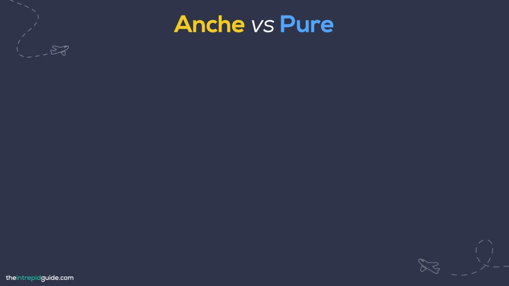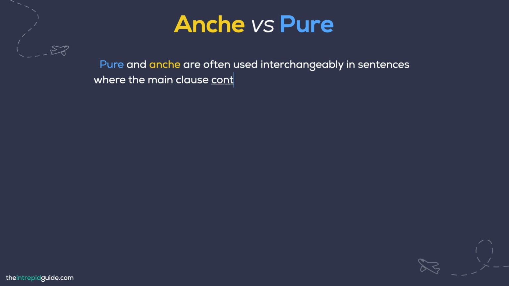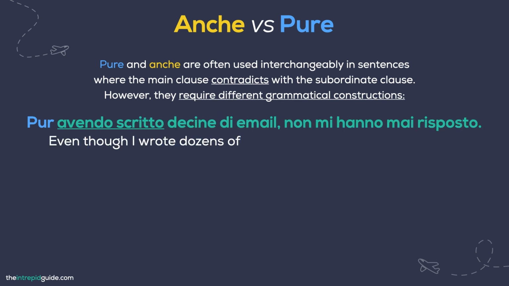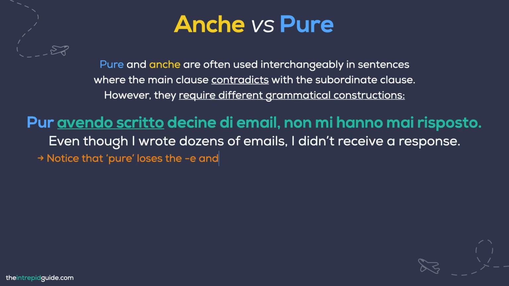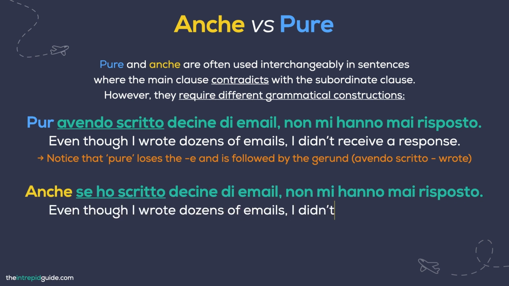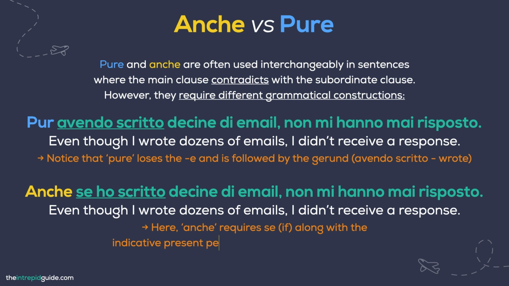Can you believe it? Pure and anche are often used interchangeably in sentences where the main clause contradicts the subordinate clause. However, they require different grammatical constructions. For example, you can say, Pur avendo scritto decine di email, non mi hanno mai risposto. Or you can say, Anche se ho scritto decine di email, non mi hanno mai risposto.